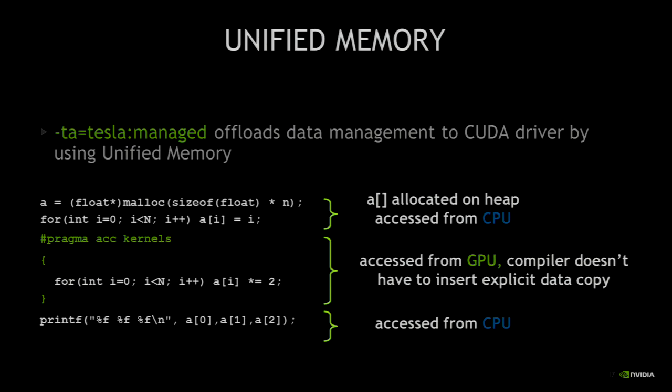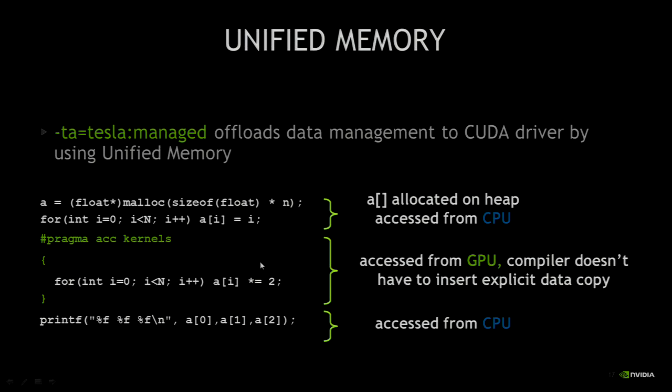If we just compile that with Tesla managed, this will be allocated on the CPU and filled out on the CPU. Then in this portion, we don't need to insert any particular data directives or hints to the compiler about how much data we need to move or what the size of the array is. You don't need to do any of that. You can just specify the managed option and it will figure it out on its own.